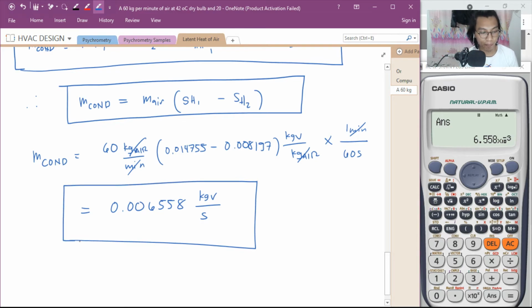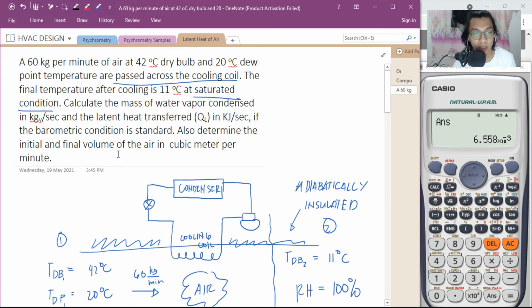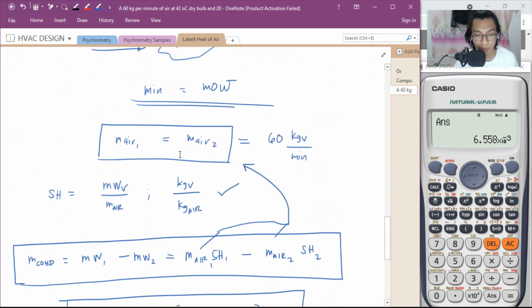Okay? How about anong hinahanap pa? Yung isa, na-solve na natin, the condensate. Ano hinahanap dyan? The mass of water vapor. Okay na to. Check. The latent heat transferred, kilojoule per second, and then the initial and final volume. How about we go with volume of air? Okay?